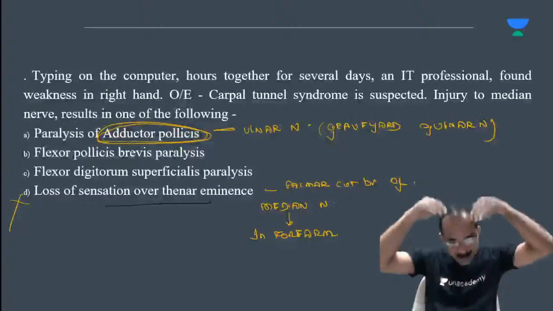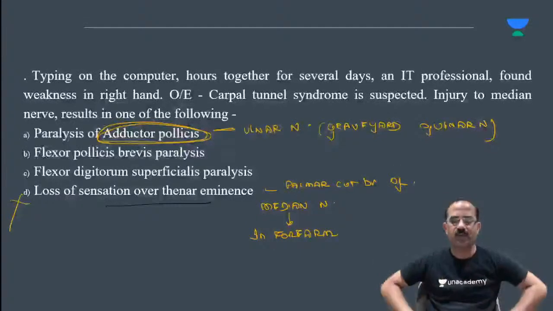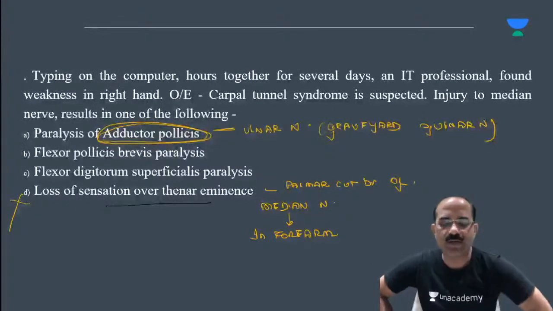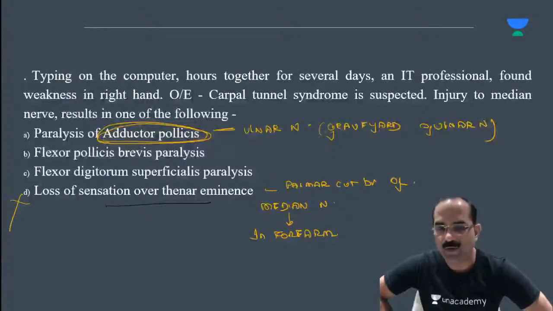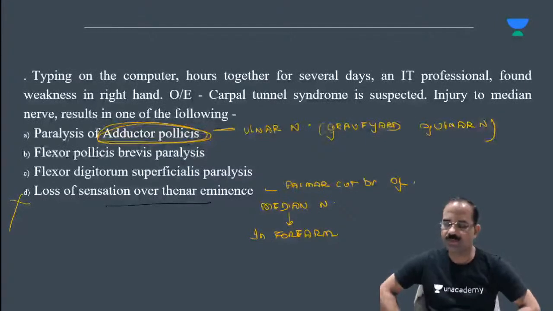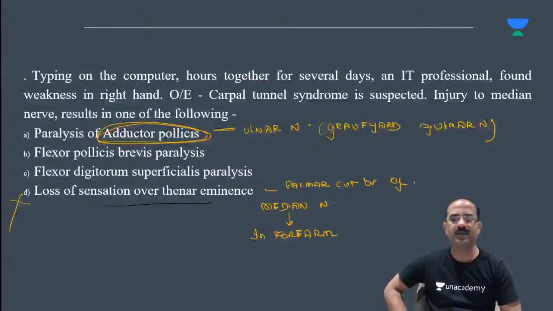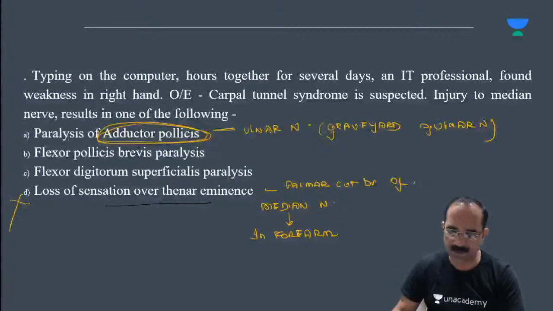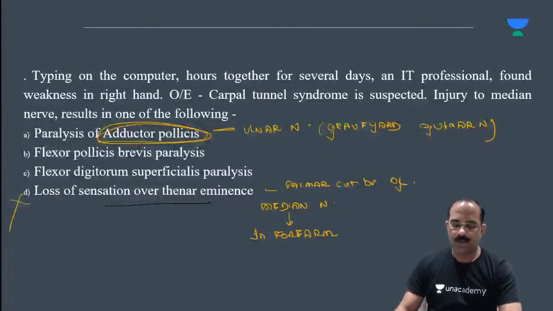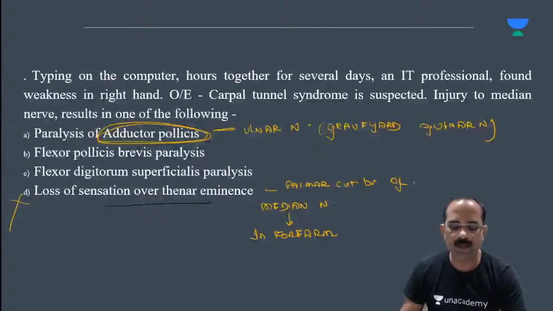It goes and buries itself in the adductor pollicis muscle. This muscle is therefore known as the graveyard of ulnar nerve. Clear students? Is this clear?